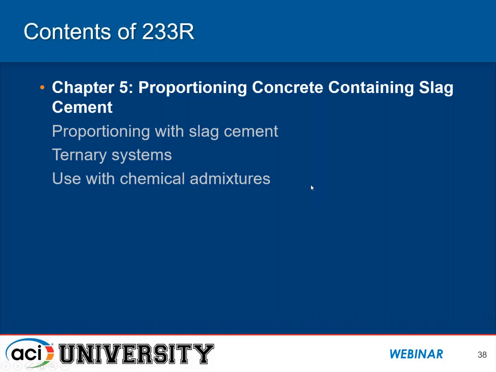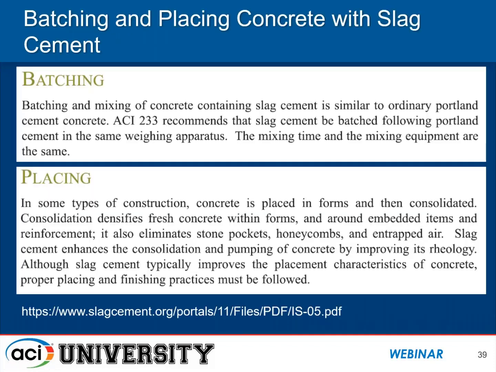Carrying on, Chapter 5 talks about proportioning concrete with slag cement and use with chemical admixtures. I'll mention a few things. The batching, and this is right out of the document, is very similar to batching ordinary Portland cement concrete. You typically batch the slag cement after the Portland cement in the same hopper, and the mixing time is the same regardless of the slag.